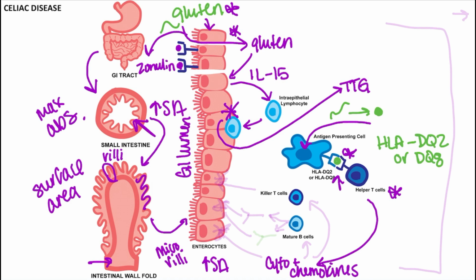These cytokines can directly trigger inflammation and damage of the enterocytes, or they can activate killer T cells, which will then directly attack enterocytes, or signal to mature B cells that make antibodies to either tissue transglutaminase or antibodies against gluten and gluten peptides.